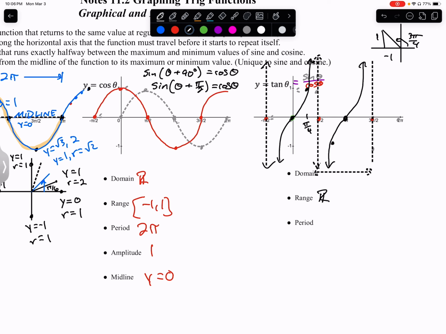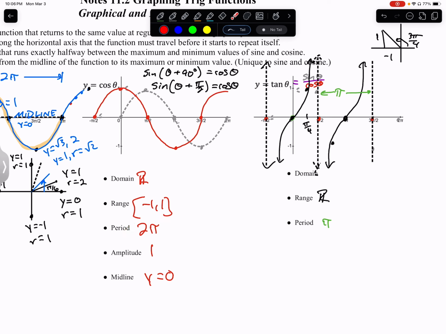It's the horizontal length for this little fella to repeat itself. Let me get rid of that, it looks like it's part of the graph. Let's make this green. We got pi from here to here. So the period is pi, which is half of what it is for sine and cosine.